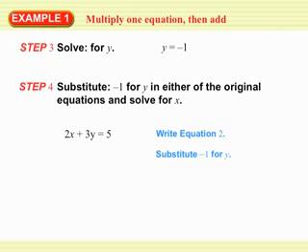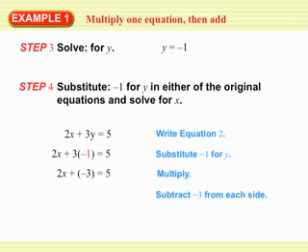I'm going to plug y equals -1 into equation 2, and then solve for x. I get 2x equals 8, and when I divide each side by 2, I get that x equals 4. So the x coordinate of my solution is 4, and the y coordinate of my solution is -1.